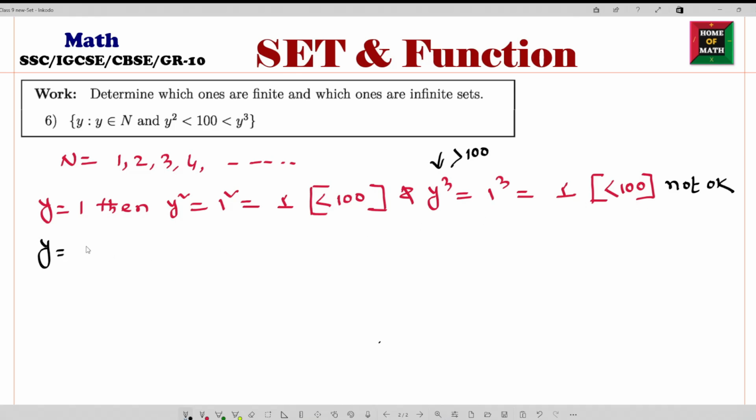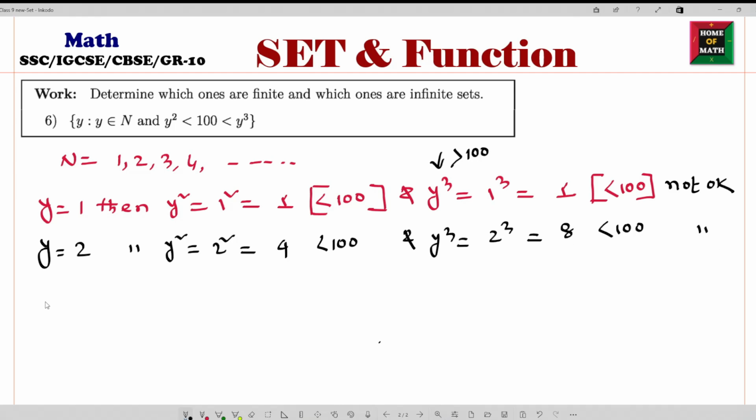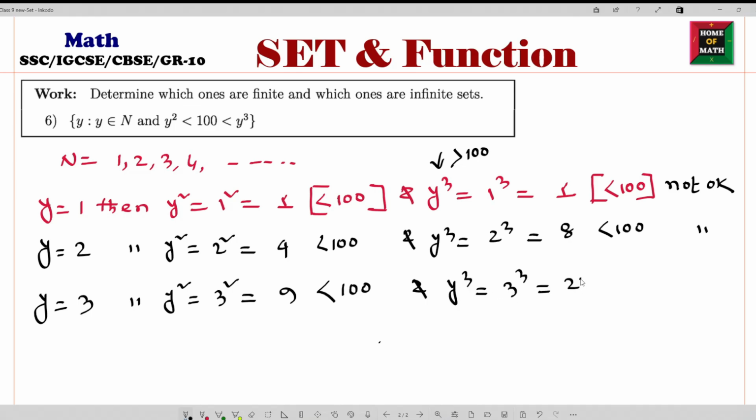Similarly, once y equals 2, then y squared equals 2 squared, which means 4, which is less than 100, it's okay, and y cubed equals 2 cubed, which means 8, less than 100, so this is also not okay. y equals 3, then y squared equals 3 squared, which is 9, less than 100, and y cubed is 3 cubed, which is 27, less than 100, not okay.